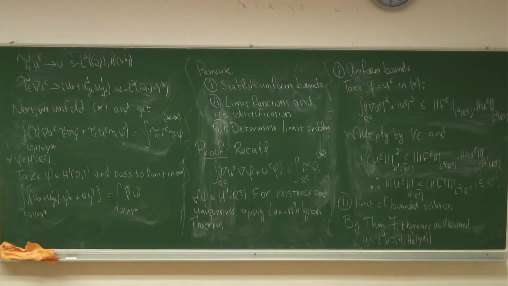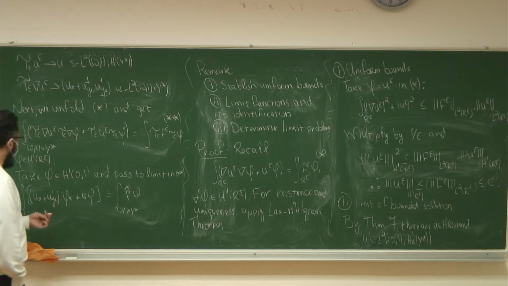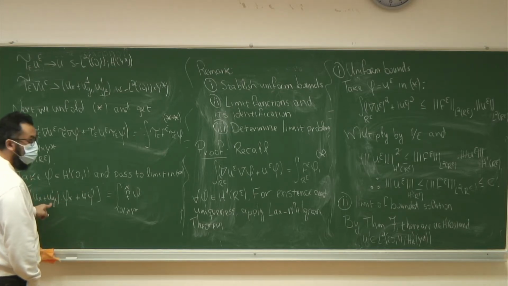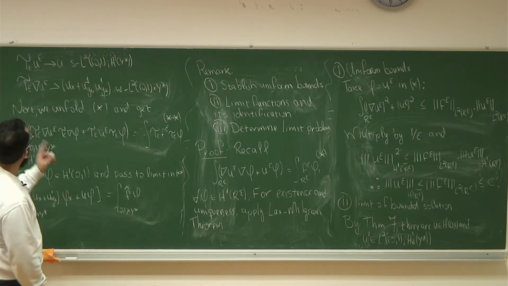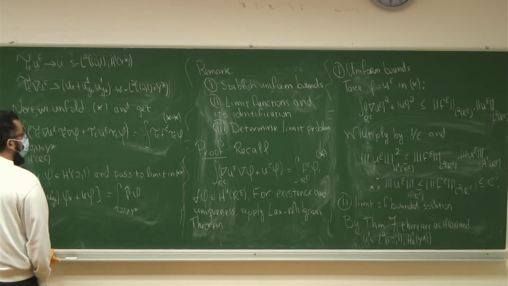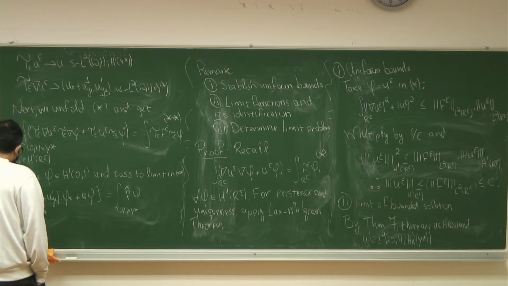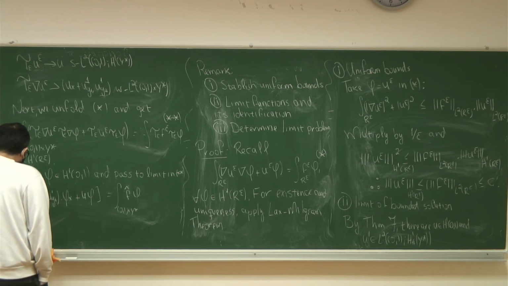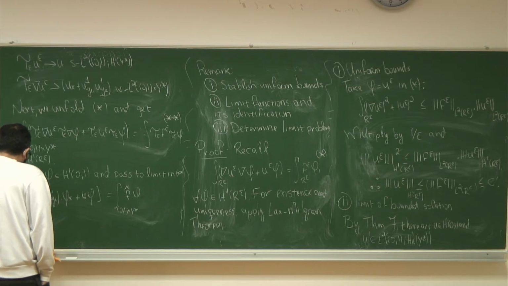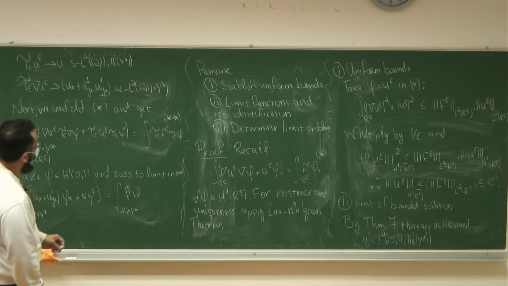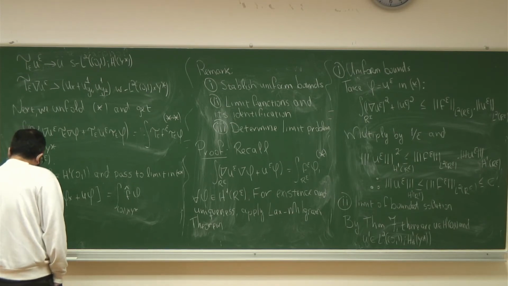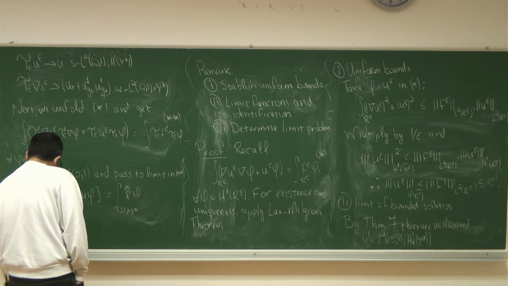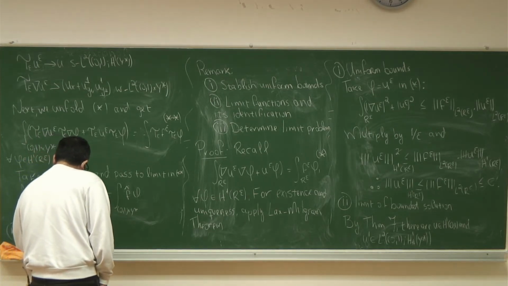So we almost have our limit problem. What we need to do next is to identify this u1 function, okay? So let's say we have this item 2 prime. So we next identify u1.